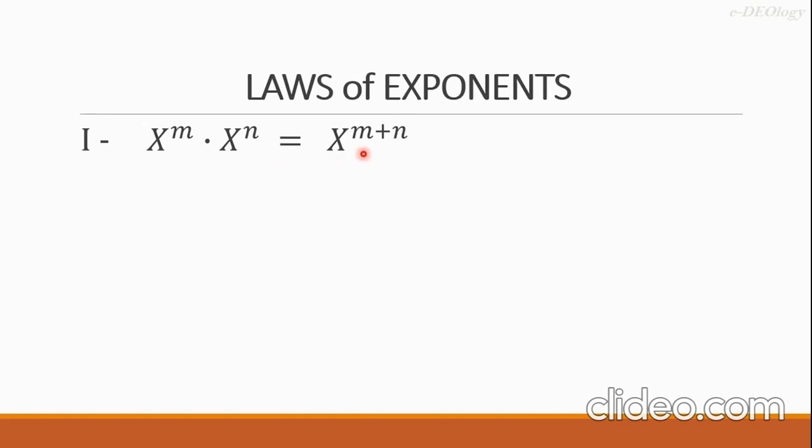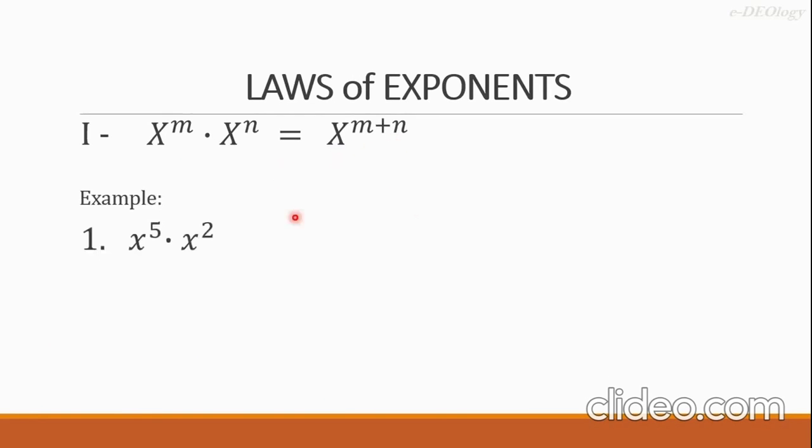Thus, m plus n. So we have an example here, x raised to 5 times x squared equals x raised to the sum of 5 and 2 equals x raised to 7.